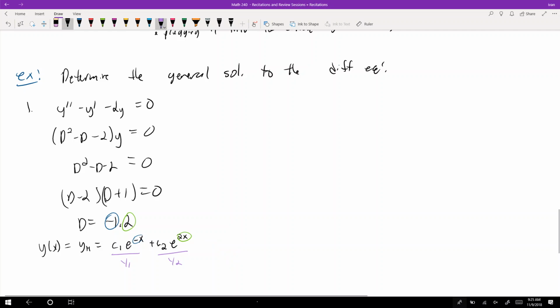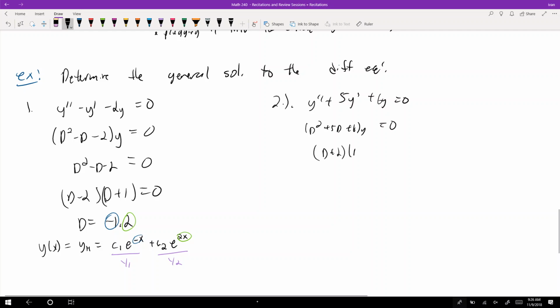Okay, let's look at another one. It's going to be the same thing. y double prime plus 5y prime plus 6y is equal to 0. So now we get D squared plus 5D plus 6 applied to y is equal to 0.